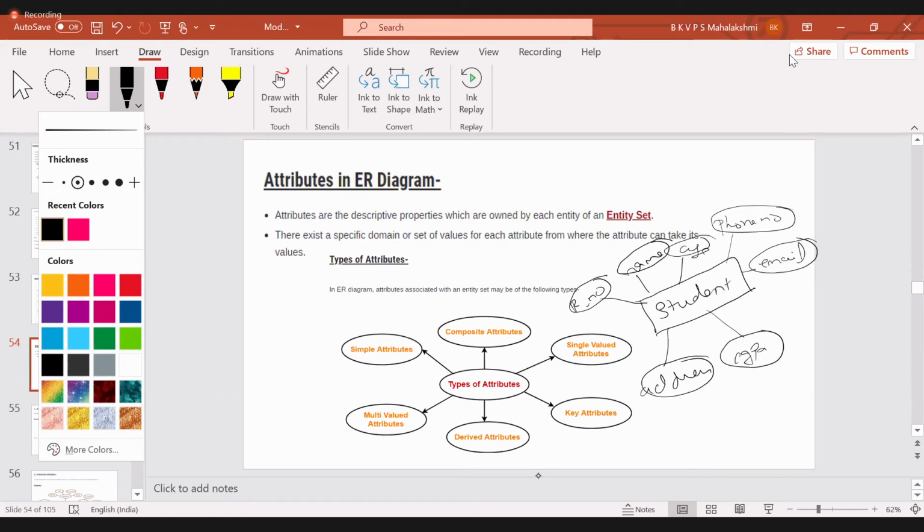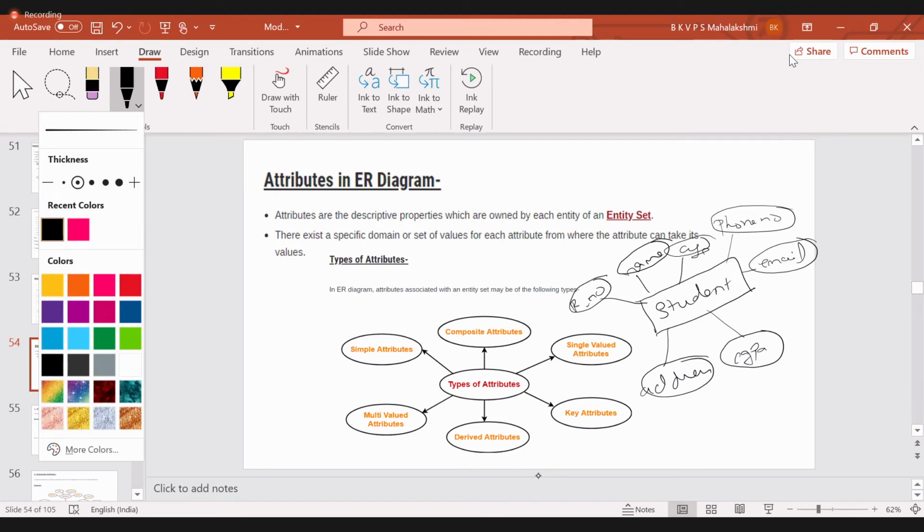Single valued attribute means that the attribute has only a single value for all the records. Now tell me, is phone number a single valued attribute for you? Maybe you may maintain two phone numbers. So it is not a single valued attribute.